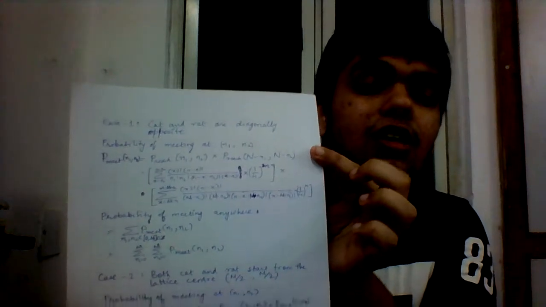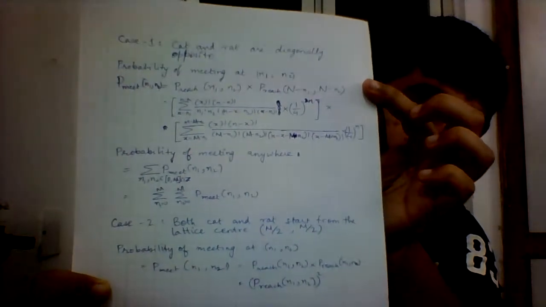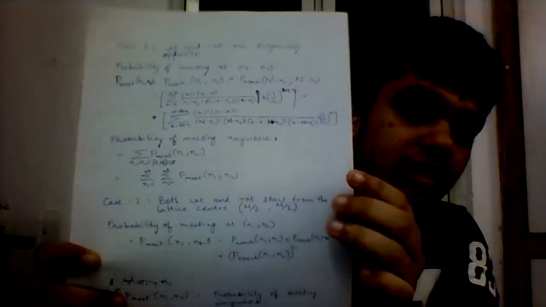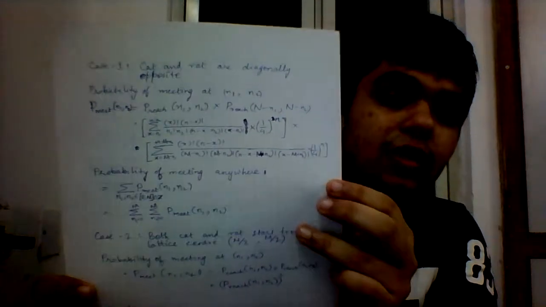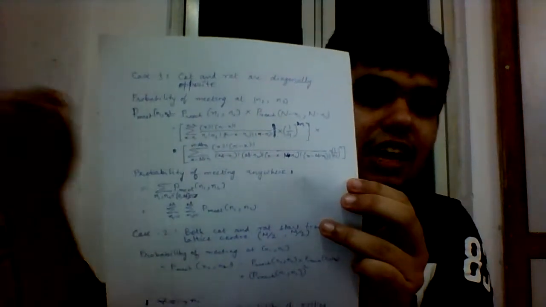Also, the probability of them meeting anywhere is when you consider n1 and n2 from 0 to m, where m is L by R.